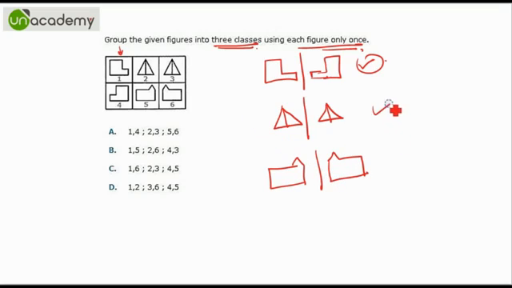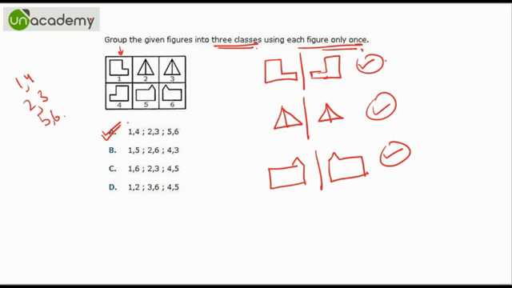These are mirror images. So it is a simple problem where we have 1, 4 in the same group, 2, 3 in the same group and 5 and 6 in the same group. So that is option A. Where we have fewer figures, instead of going column by column, you can just simply observe the options and then mark the answer according to that.